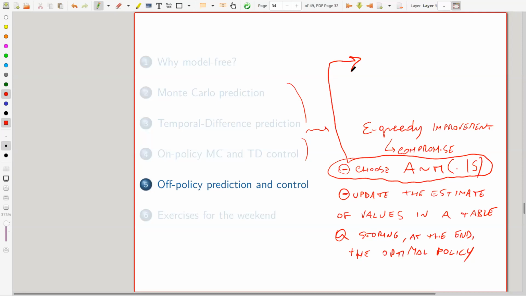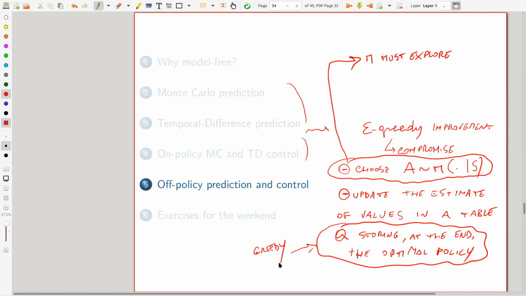Not greedy, because this is a policy that must explore. Pi must explore, right? But the table Q, at the end, must be the optimal policy. So this is a table which is not concerned with the exploration part. This can be in some sense greedy.